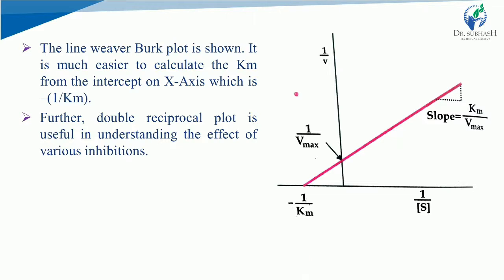You can see 1 by V and 1 by V max at the points plotted here, and you can also calculate the slope. This slope is equal to Km divided by V max. This is extremely helpful, and it will help you understand the Km value, and by that Km value you will understand the affinity between the enzyme and substrate molecule.